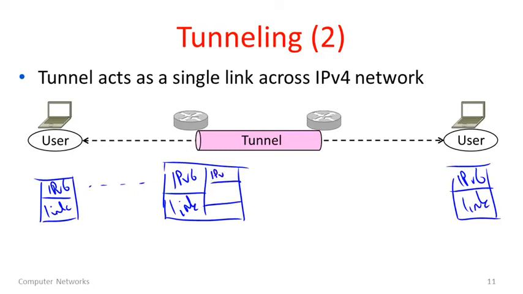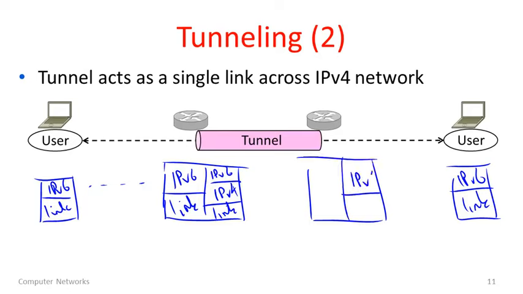We'll have IPv6. We need to have this because we are maintaining IPv6 connectivity across this entire path. But underneath IPv6, we'll put IPv4. That means we will take an IPv6 packet and encapsulate it in an IPv4 packet. And then the link layer. And so we've got to do the reverse on the other side.